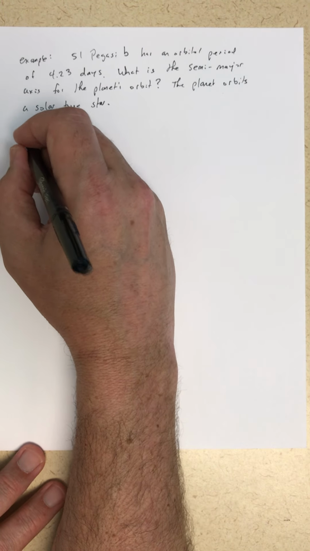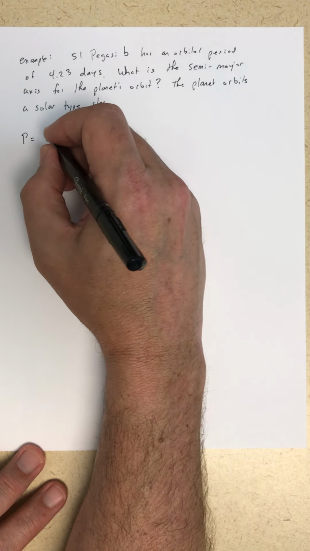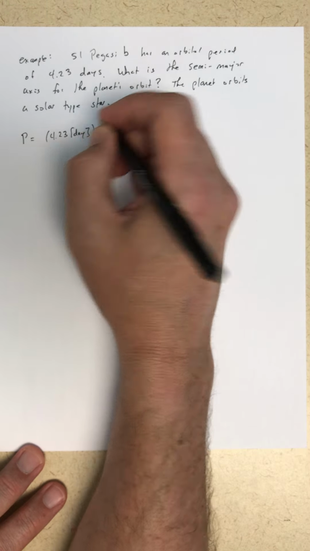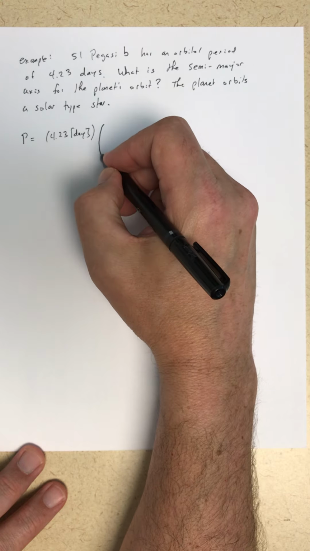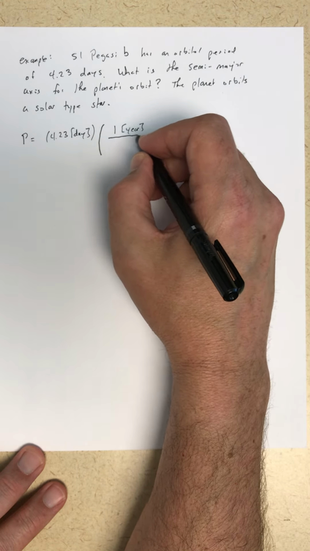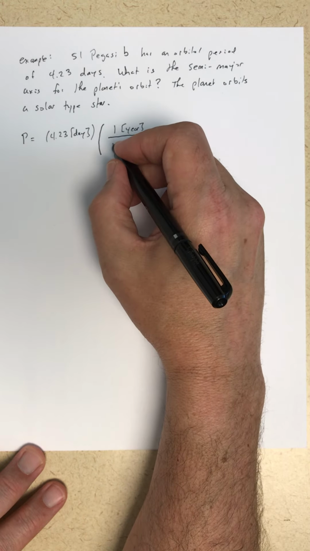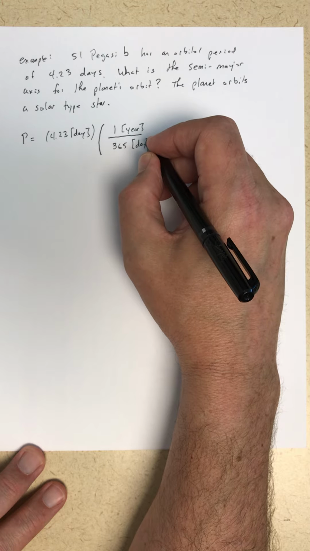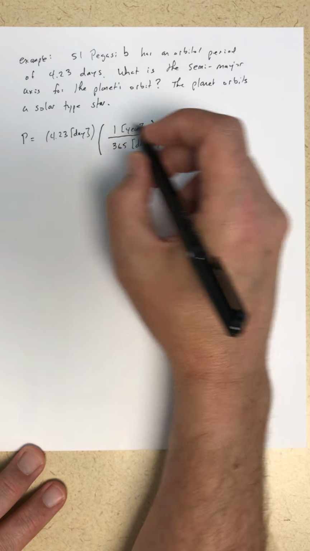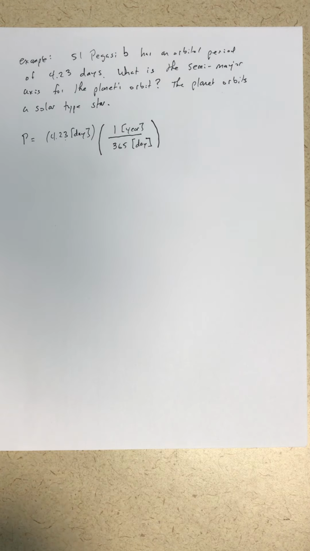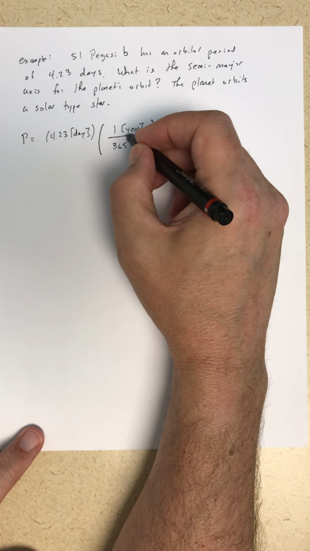So let's convert the period first. 4.23 days, and 1 year is, to that precision, 365 days. I only know 3 digits out of that, so I'm not going to worry about the other digits to make up the other fraction.